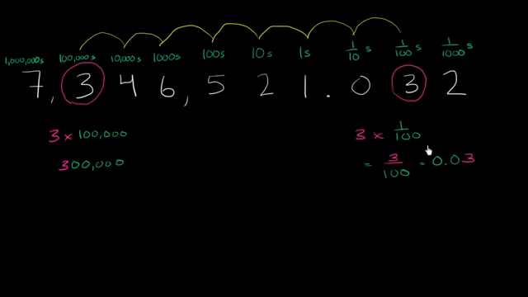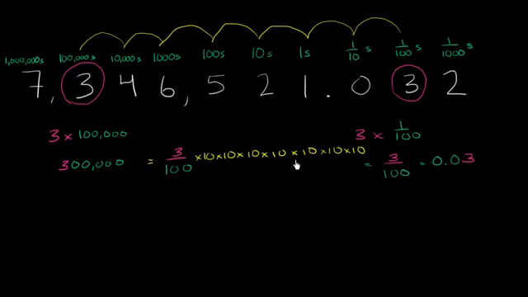Let me write this down. This multiplied by 10 7 times should be equal to this. Let me rewrite this. 300,000 should be equal to 3 over 100, multiplied by 10 7 times. So times 10 times 10 times 10 times 10 times 10.